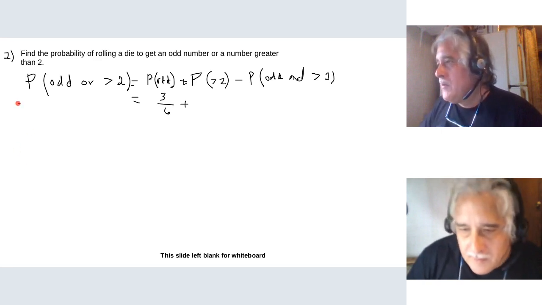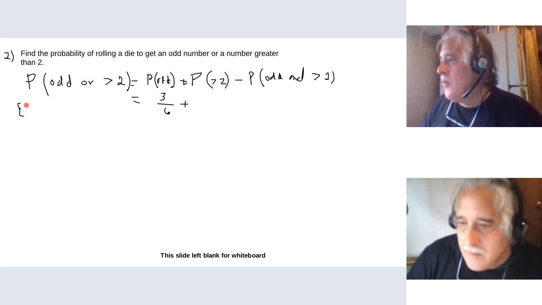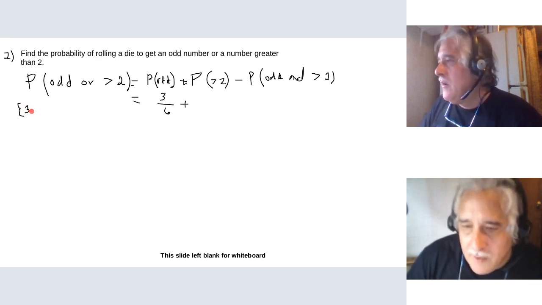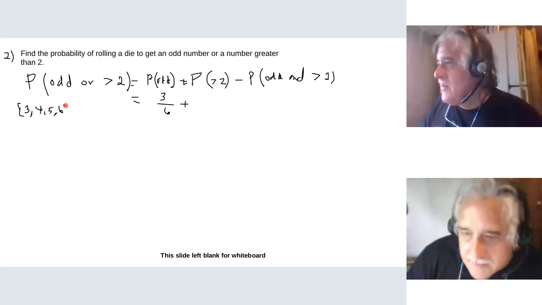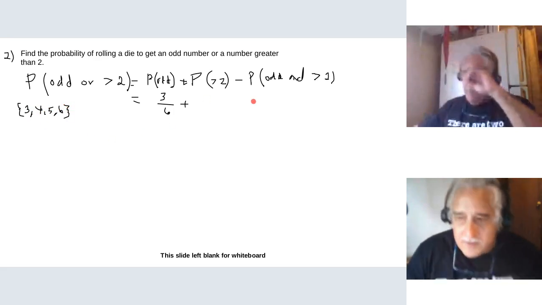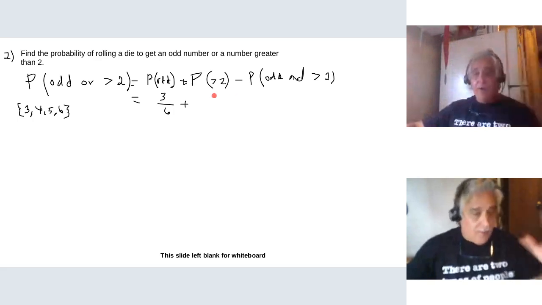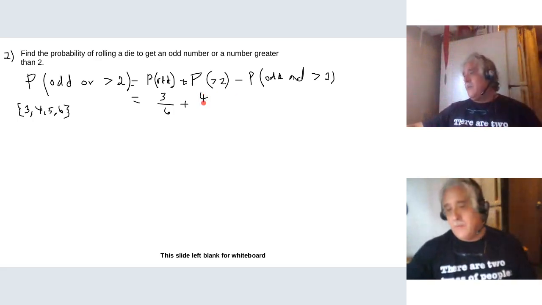I'm sorry, greater than 2, so that would be 3, 4, 5, and 6. There's nothing on the die that's greater than 6, so there's only 4 of them. There are 4 numbers on that die that are greater than 2.